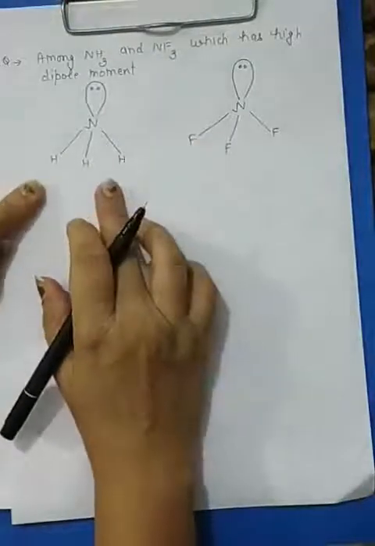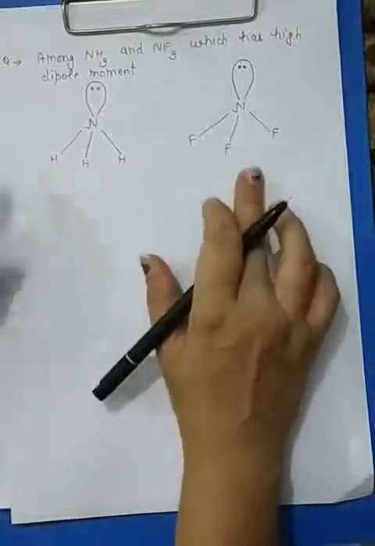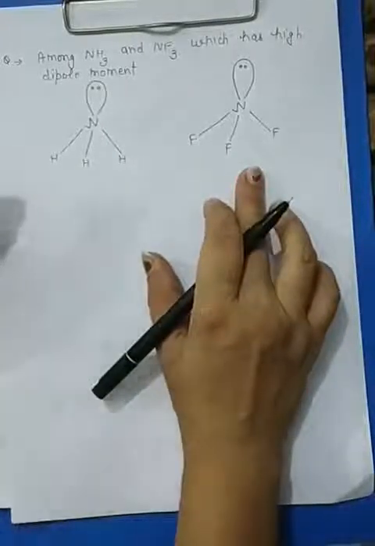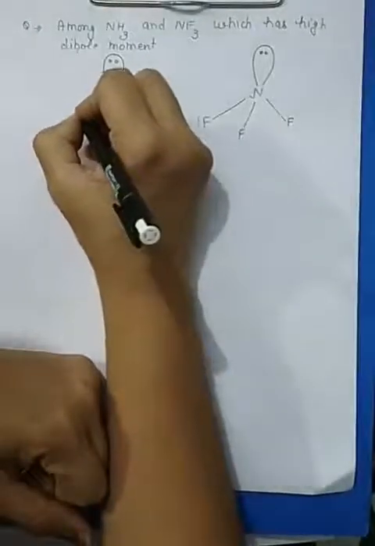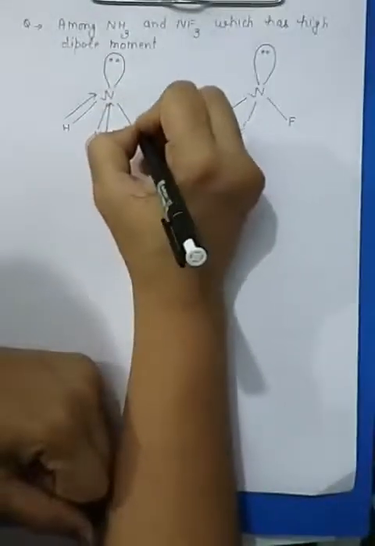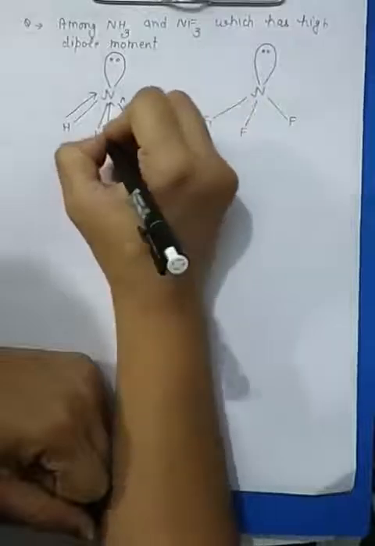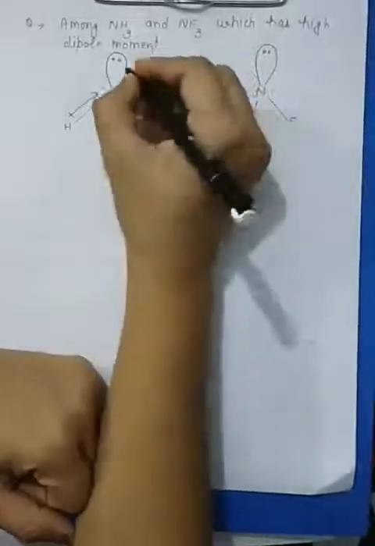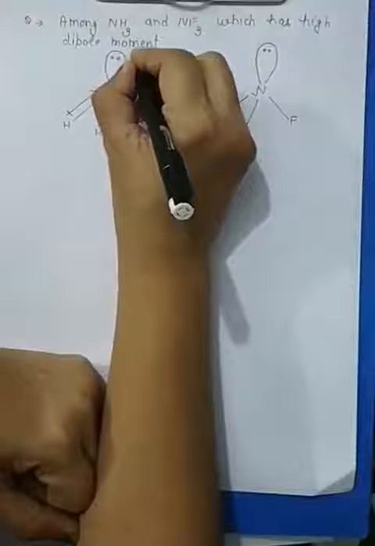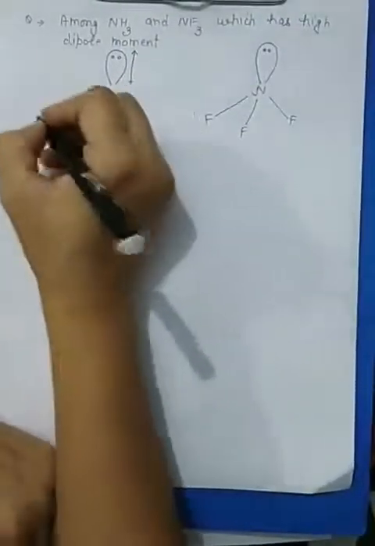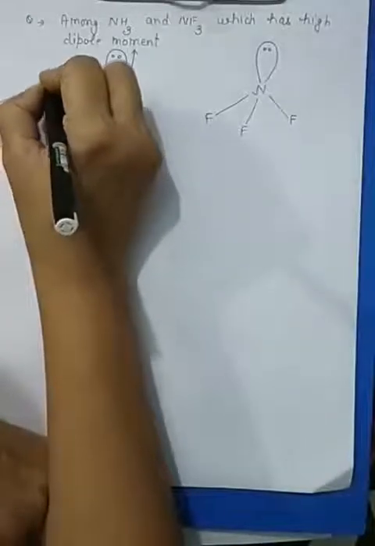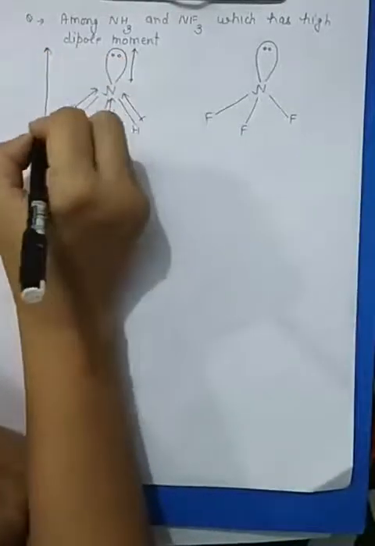This structure is called a trigonal pyramidal structure, which is unsymmetric, and the symmetric one is called tetrahedral. So here the direction of the bond is from hydrogen to nitrogen, and that of the lone pair is in the same direction. So for ammonia, the overall dipole is in the upper direction.